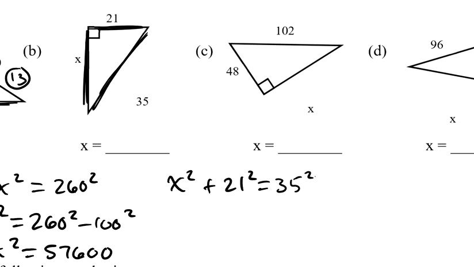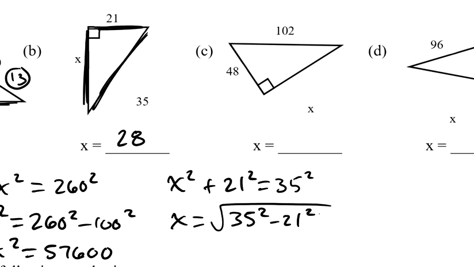So I'm taking 35, squaring it, and subtracting 21 squared from that. I get 784, and if I take the square root of 784, it gives me the number 28. So x is 28. And you can write it this way. It's the square root of 35 squared minus 21 squared, and that's essentially what I'm entering into my calculator.